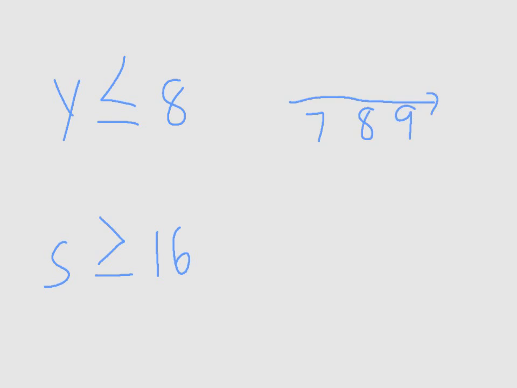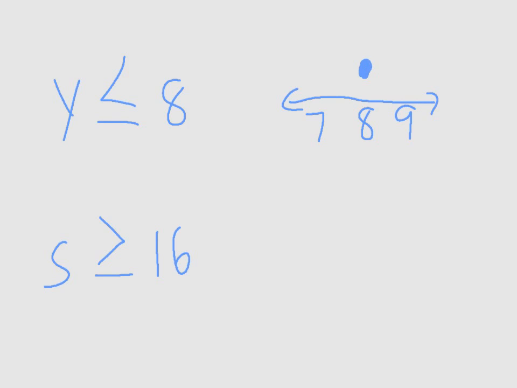We're going to do y is less than or equal to 8, and s is greater than or equal to 16. So if I had 7, 8, 9 on a number line, I would put a closed circle above 8 because that means I can include 8 in my answer, right?